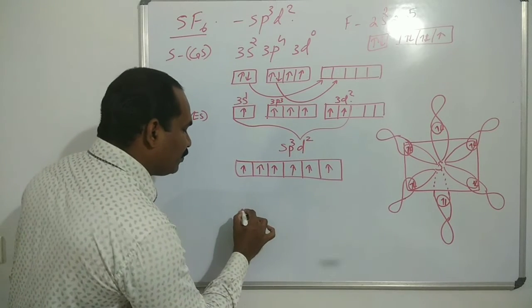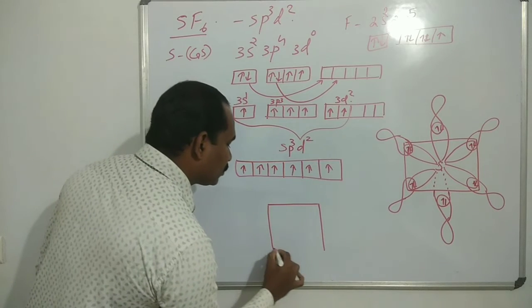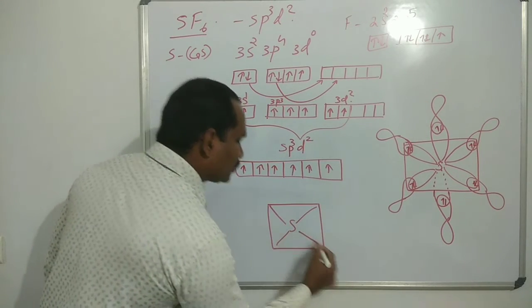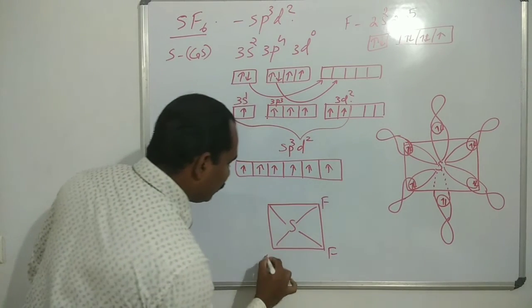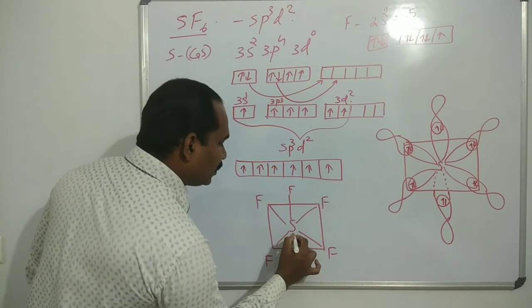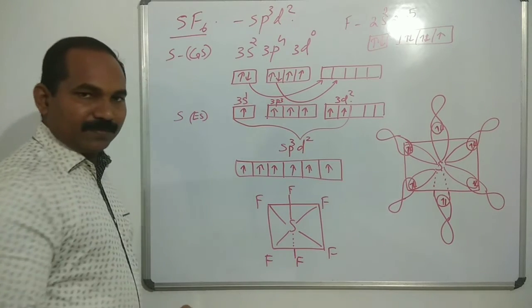And what is the shape of the molecule? The shape of the molecule is octahedral. Sulfur is in the center of the octahedron. Fluorine, fluorine, fluorine, fluorine. One fluorine is above the plane, the second fluorine is below the plane.